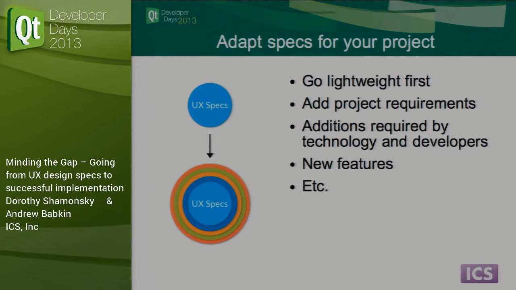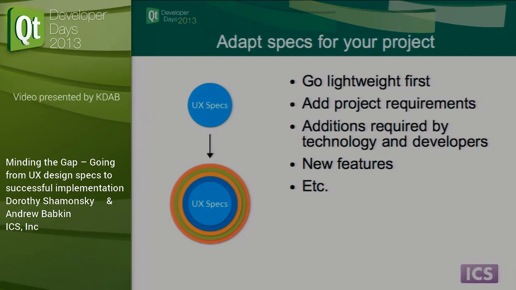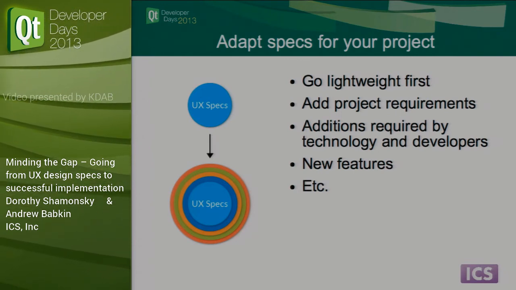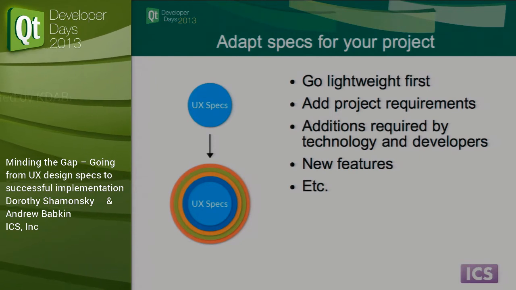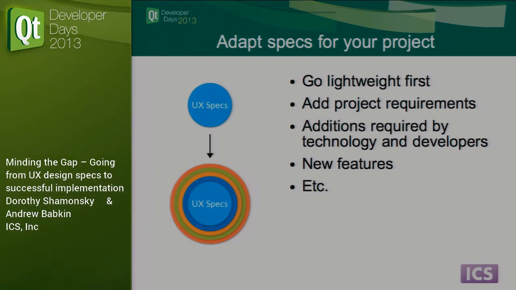So this is a small illustration of how UX specs can look. In the very beginning of the project, you go very lightweight, and you just provide specs which are needed to start the project, to do the very basic features. And then you start putting additional layers on the specs.